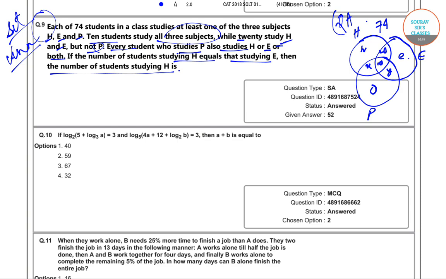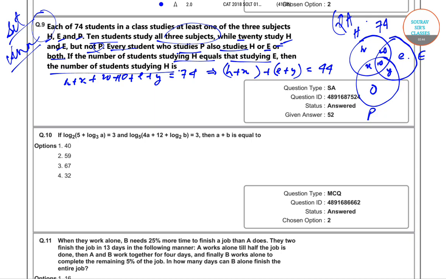So h plus X plus 20 plus 10 plus e plus Y is equal to 74. So that means h plus X plus e plus Y is equal to 44. So this is one part.